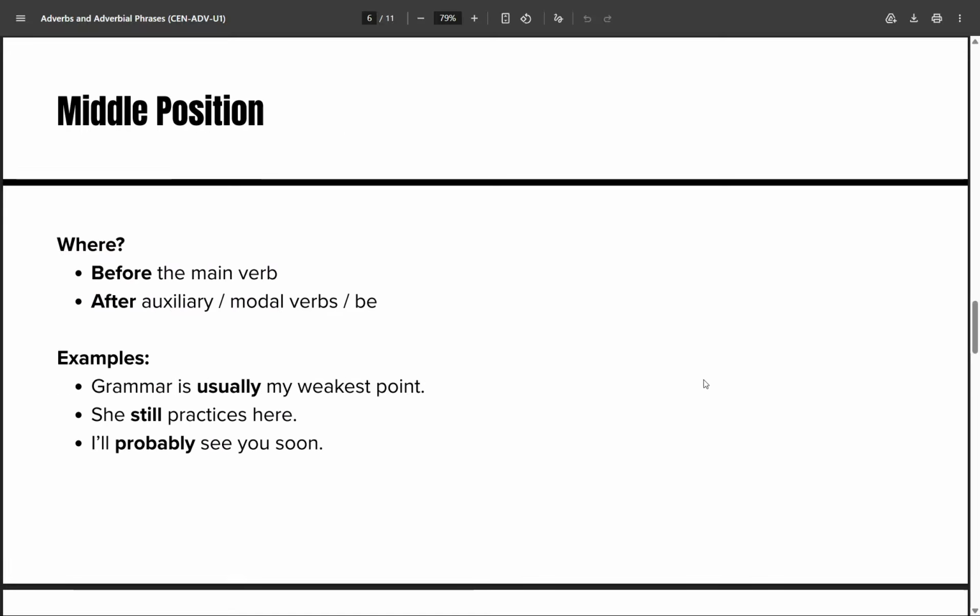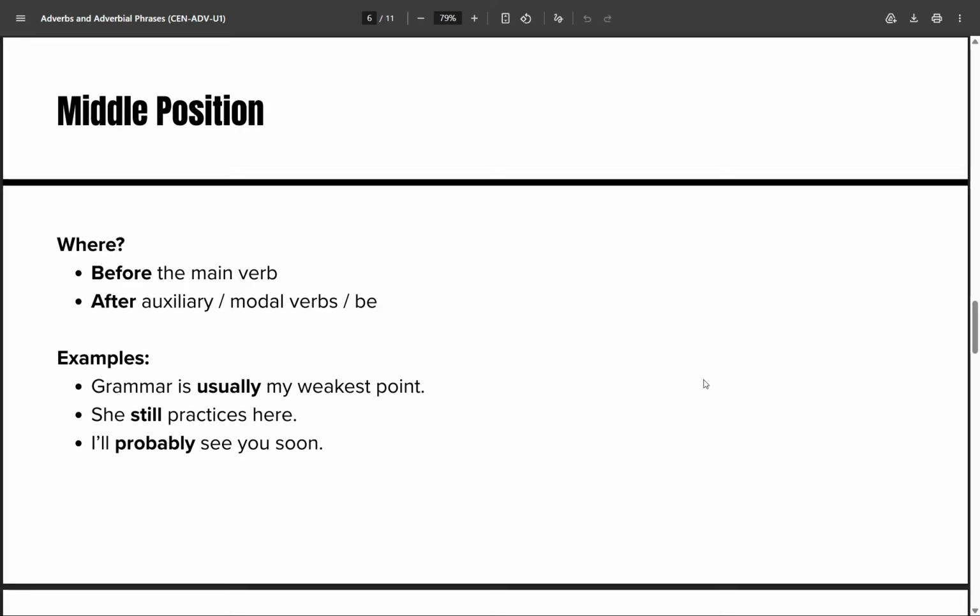And for the middle position, because middle is very vague, you have to know where exactly. Most of the time we're going to put them before the main verb and after the auxiliary verb, the modal verb, or the be verb. Example: grammar is usually my weakest point. As you can see, is the be verb, and we put usually, the adverb, after that.